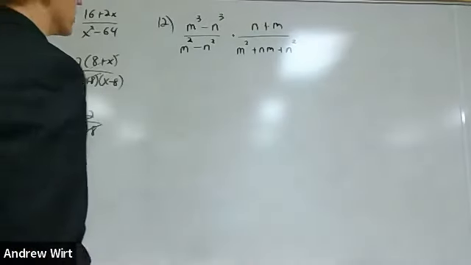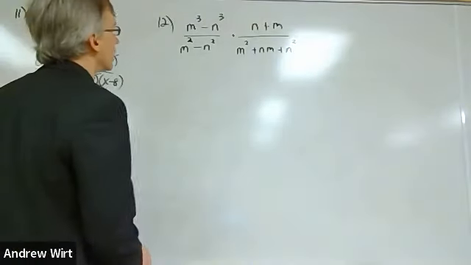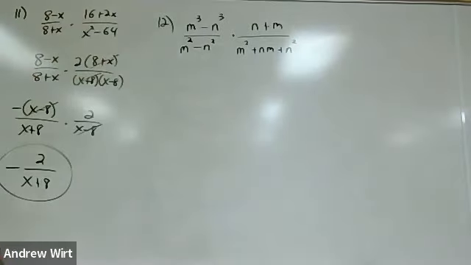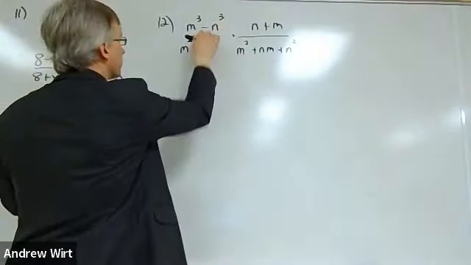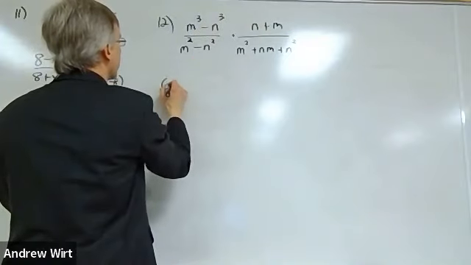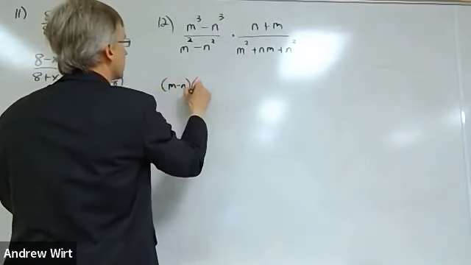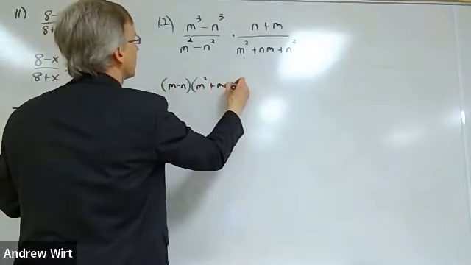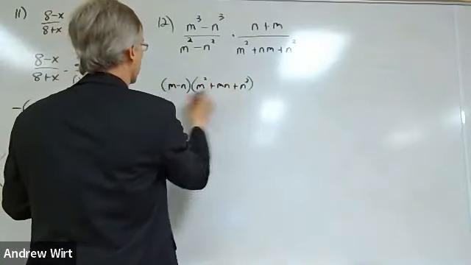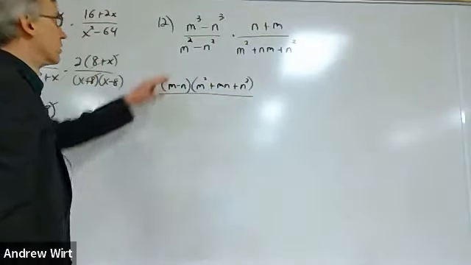Let's do some factoring now. Okay, difference of cubes. We have the negative version, so we'll start off with m minus n. We got m squared plus mn plus n squared. Difference of squares.